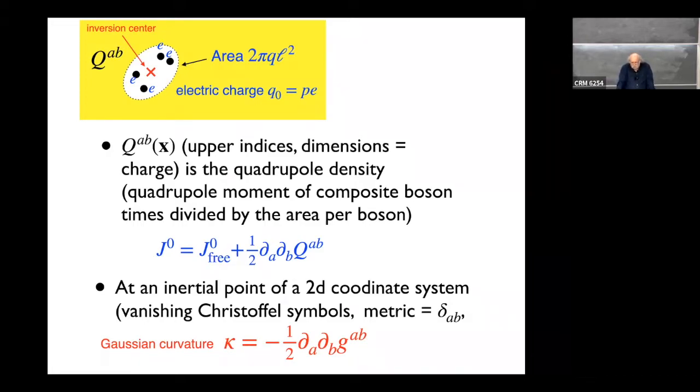Okay, so if we try to make contact with the nice stuff which was done on Riemann mapping to surfaces with curvature, note that if I look at a 2D metric at what's called an inertial point in the coordinate system, a point at which the Christoffel symbols vanish and the metric is just the delta AB, the formal Euclidean metric, we get that the Gaussian curvature is basically the double divergence of the inverse metric.